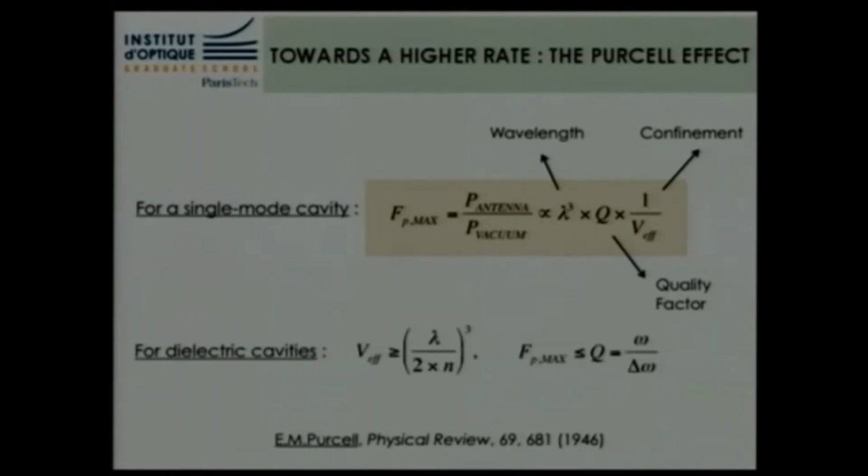Then for dielectric cavities, because of the standing wave issue, the effective volume of this mode cannot be less than half the wavelength cube. So this leads to a maximum value of the Purcell factor, which is roughly given by the quality factor.